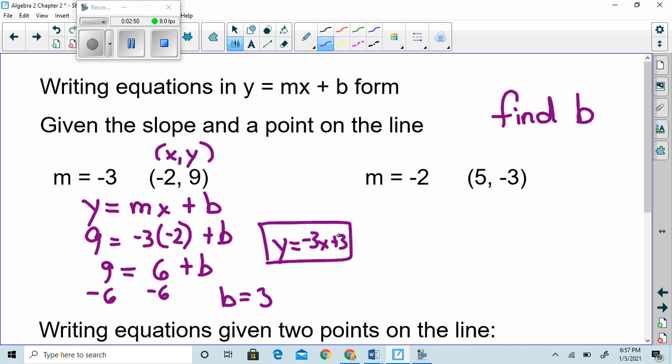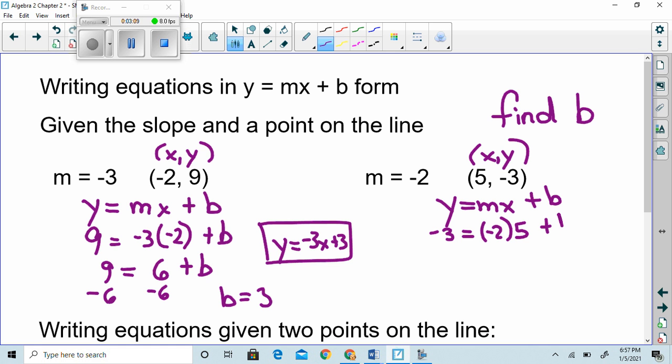One more example of that type. Y is equal to mx plus b is the form. We have an x and we have a y. Y is -3, m is -2, times 5 plus b. -3 equals -10 plus b.